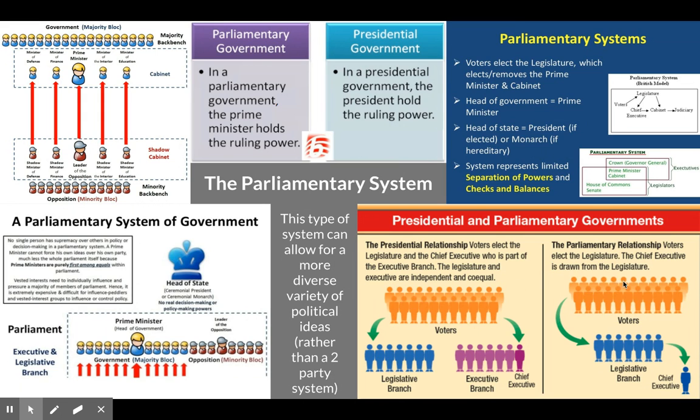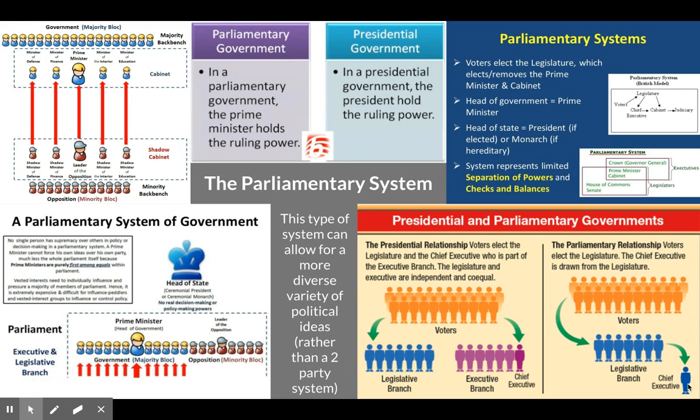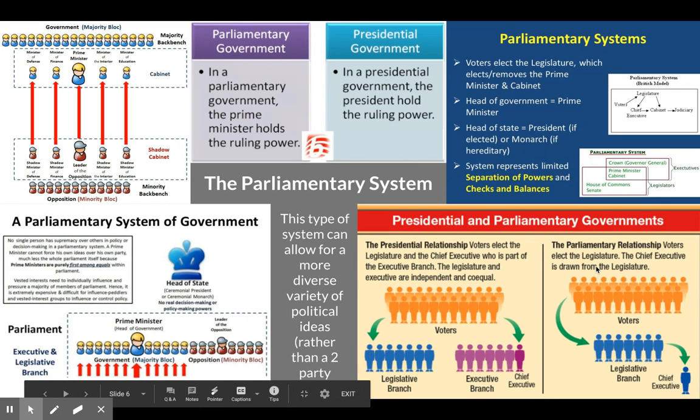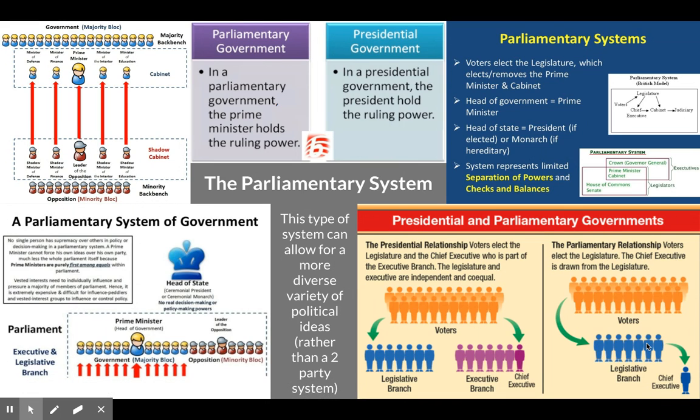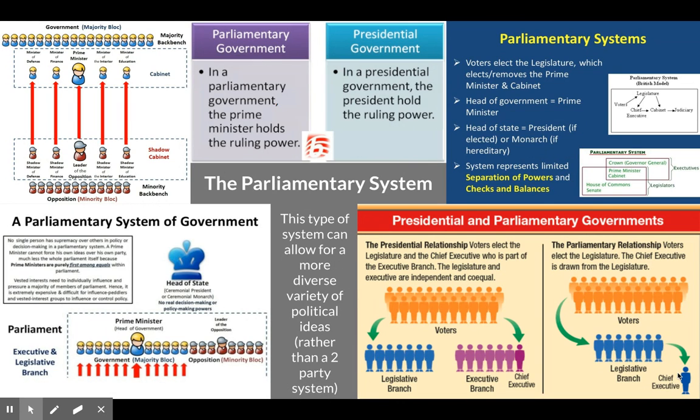In a parliamentary system, the voters choose the legislative branch by vote, and then the legislative branch chooses the executive officer, the chief executive. So in the United Kingdom, people in the UK and Great Britain vote for Parliament, MPs, members of Parliament, and then the MPs choose a PM, a Prime Minister, to act as the executive officer.